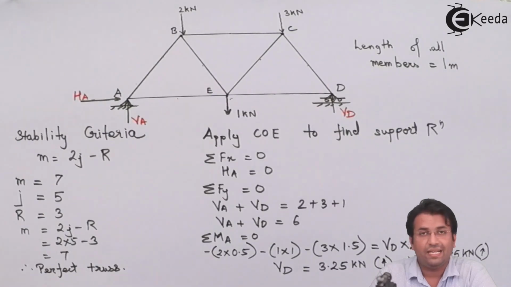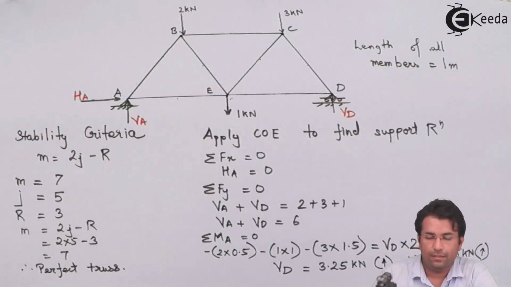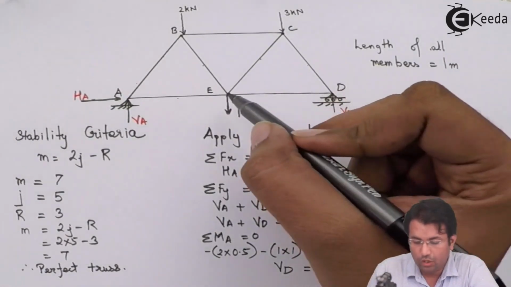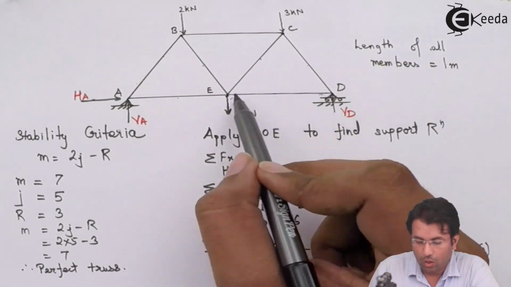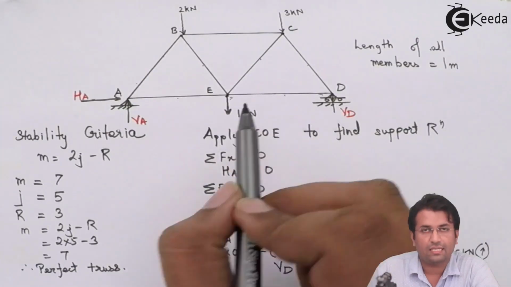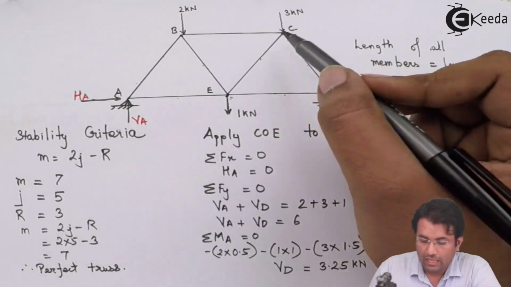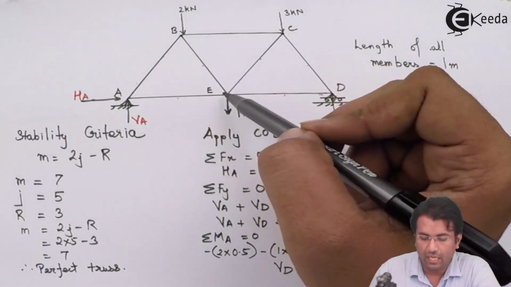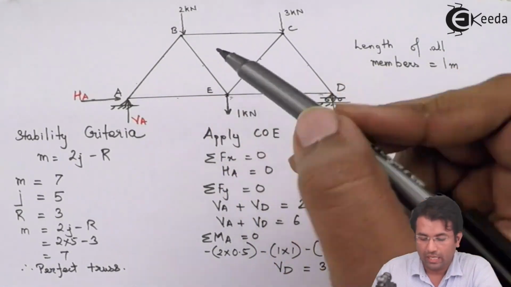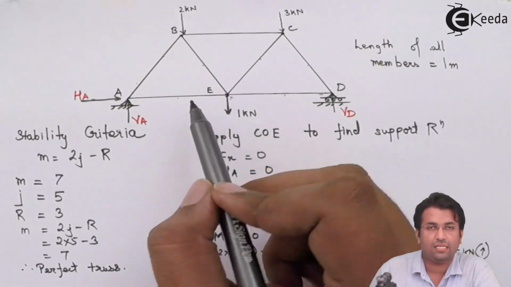What if I take joint E? At joint E, I have the force ED or DE, you can call it, as an unknown force. CE, again an unknown force. BE, again an unknown force. And AE, even this is an unknown force.